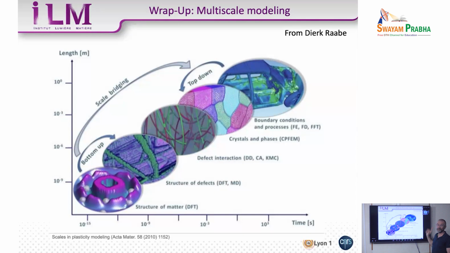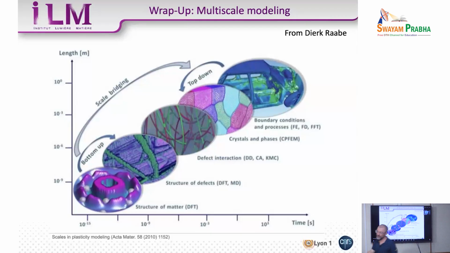So actually, the multi-scaling in time spans many more decades than the multi-scaling in length. And this is very often underestimated. So there is a huge challenge here, even remaining at the atomic scale but doing multi-scale in time.